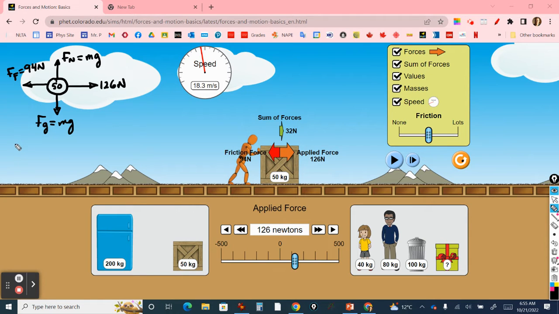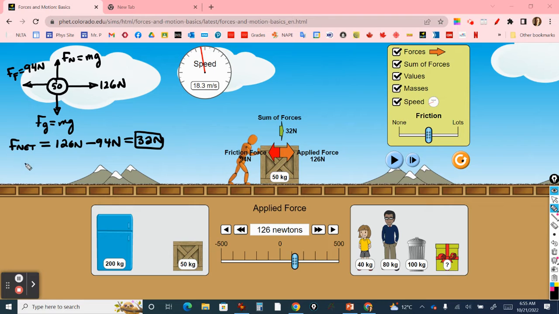So here we can look at the acceleration. Let's make an F net statement. We don't need to worry about the vertical direction because there is no net force in the vertical direction. So we only have to look at this: 126 minus 94 newtons, which gives you 32 newtons, which is what you see in the equation.